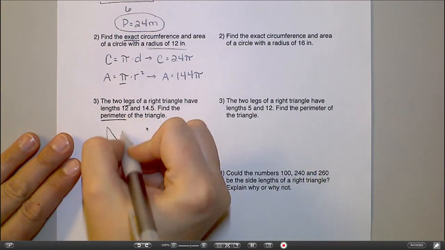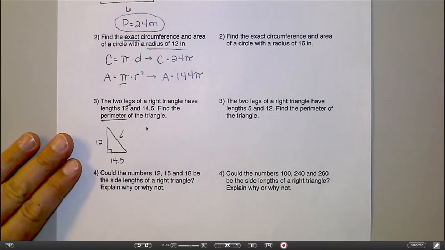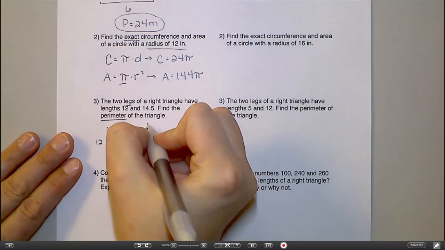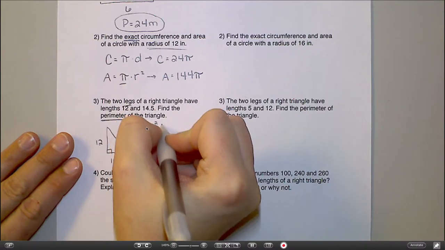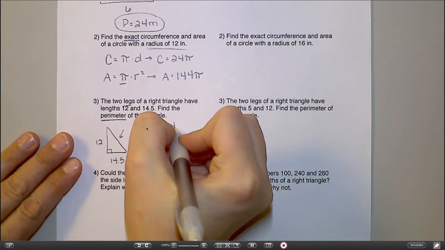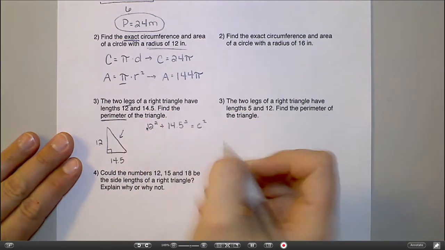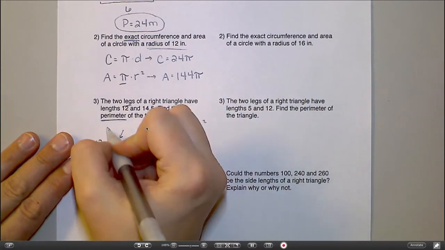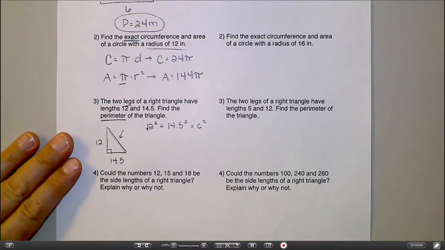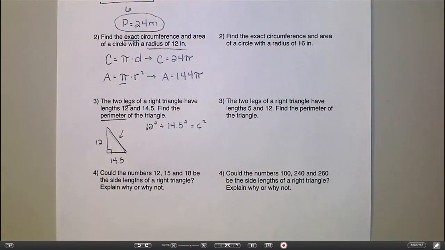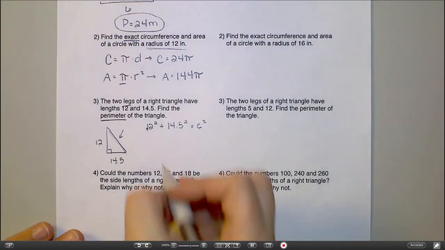How do I find this side then? Yep. Pythagorean Theorem. So I would do 12 squared plus 14.5 squared equals c squared. And I put the c over here because this is my hypotenuse, right? So let's see. 12 squared plus 14.5 squared is 354.25.